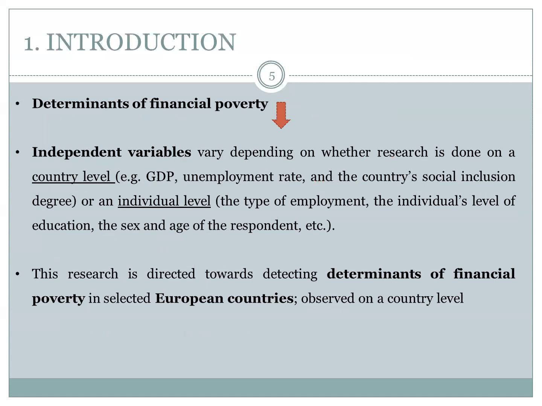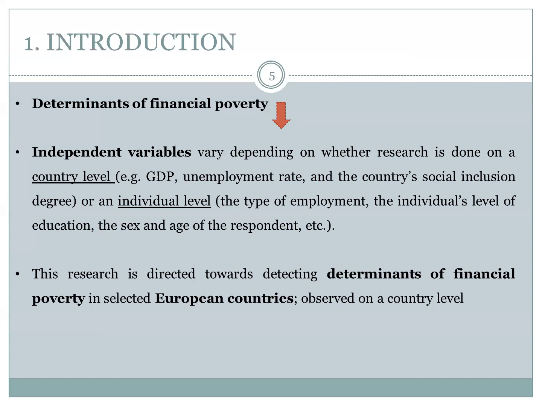When we analyze different studies on determinants of financial poverty, there are different independent variables that are used, but they vary depending on whether research is done on a country level. If it's done on a country level, often they include GDP, unemployment rate, and a country's social inclusion degree or something similar.